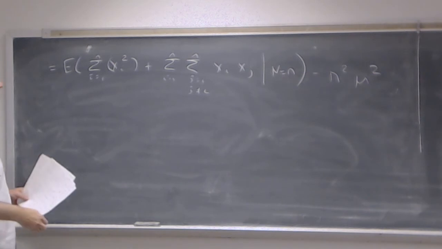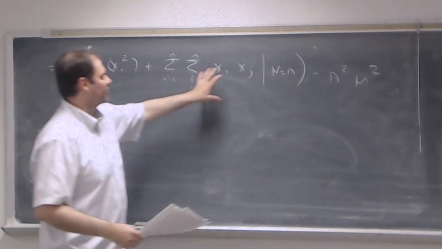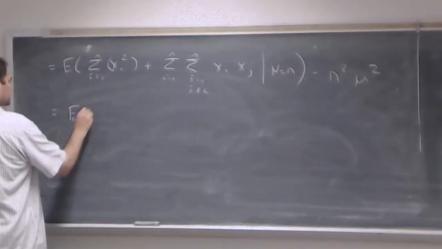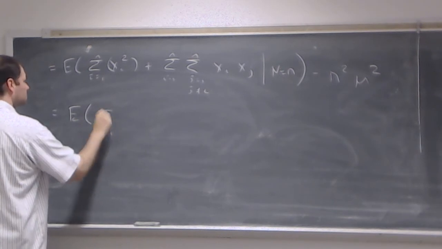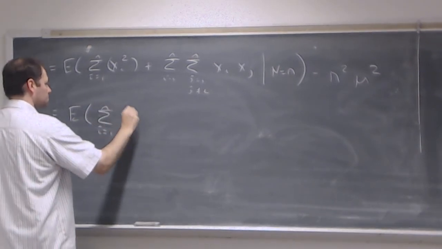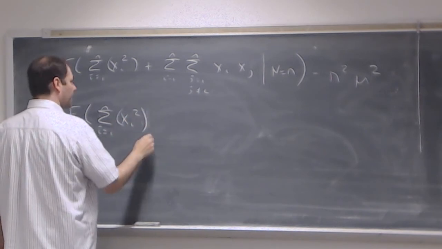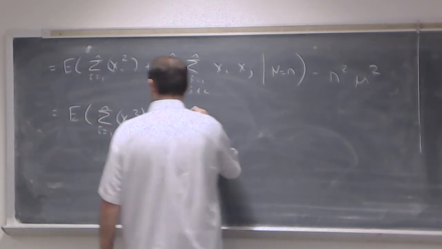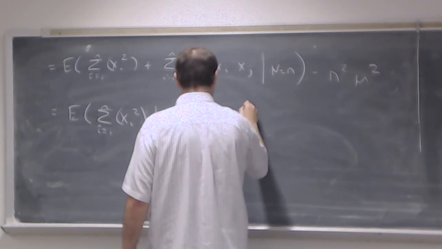Now, it turns out that if you have the conditional expected value of one thing plus another thing, then that's the same as the conditional expected value of the first guy given N equals n, plus the conditional expectation of the second guy.